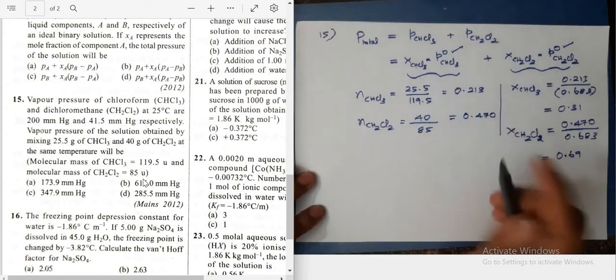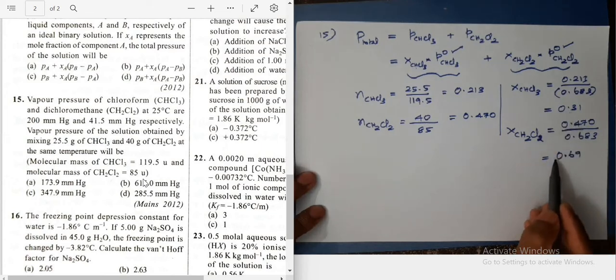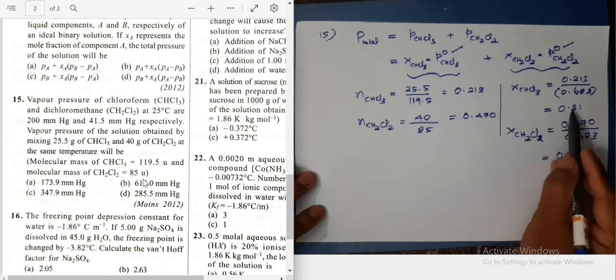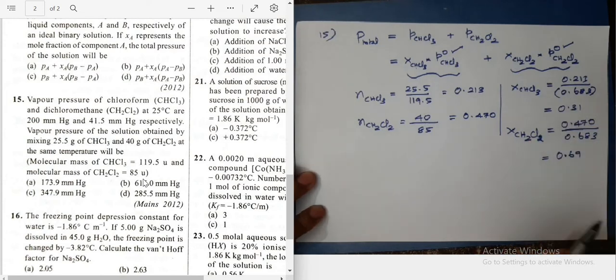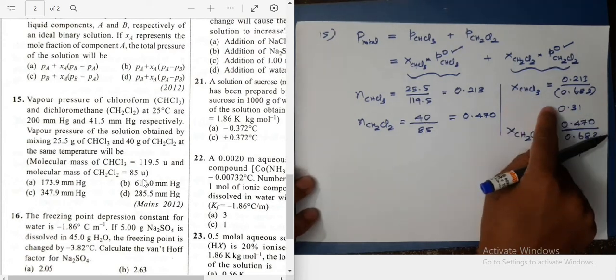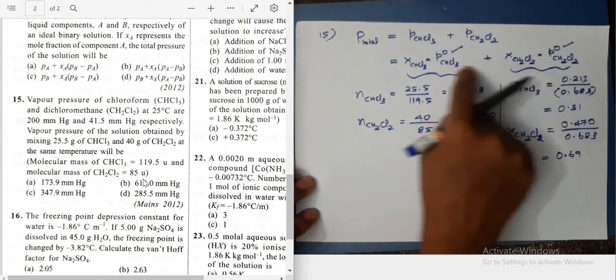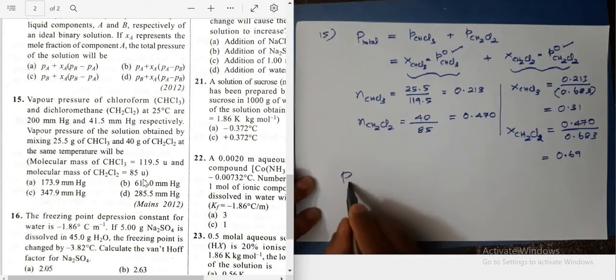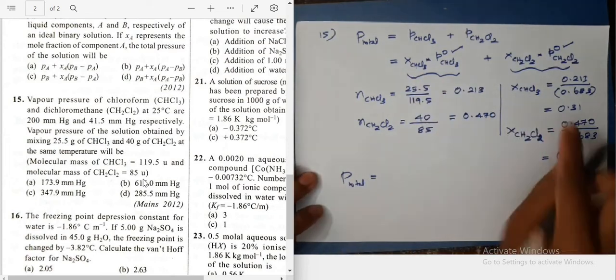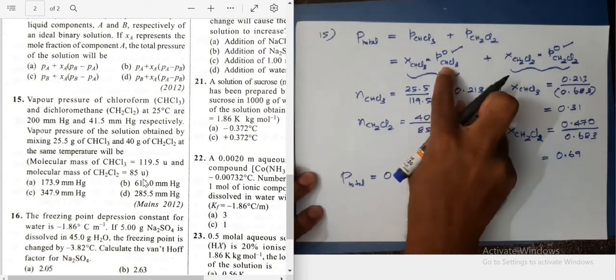Students, observe this carefully. If you know the mole fraction of chloroform, you can get the mole fraction of dichloromethane just by subtracting this value from 1, because it's a binary solution. Now I have the mole fractions of chloroform and dichloromethane. Let me substitute all these here. Therefore, the total pressure of the solution equals the mole fraction of chloroform, 0.31, into the vapor pressure of pure chloroform.